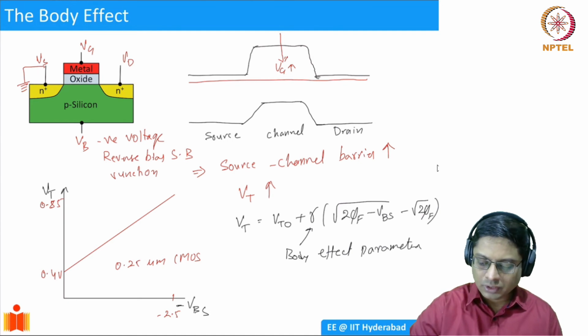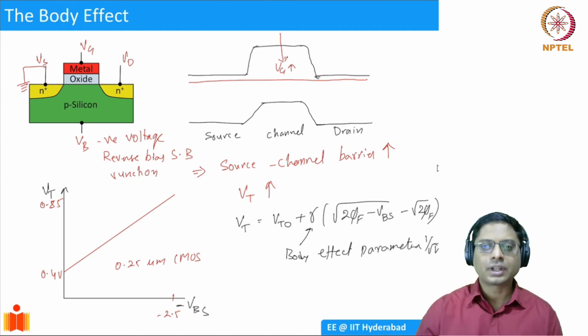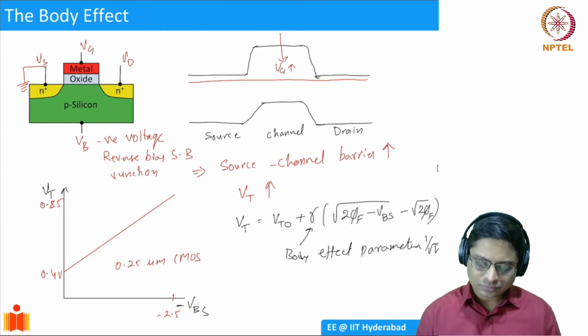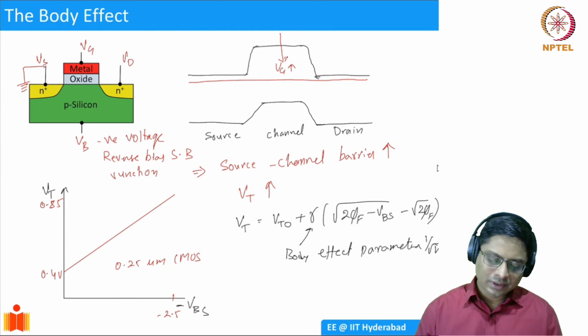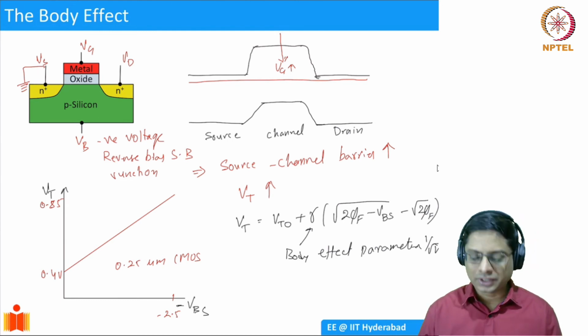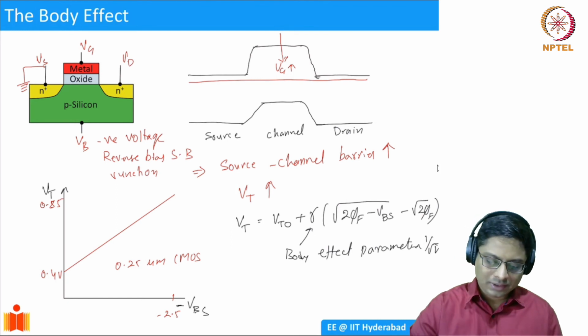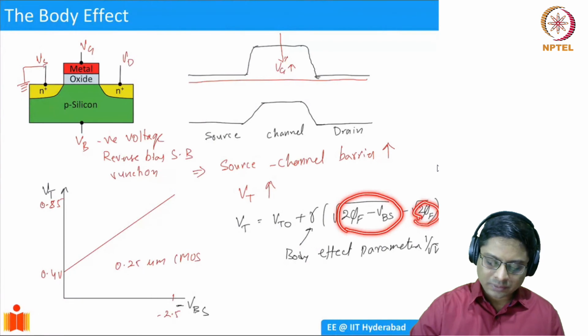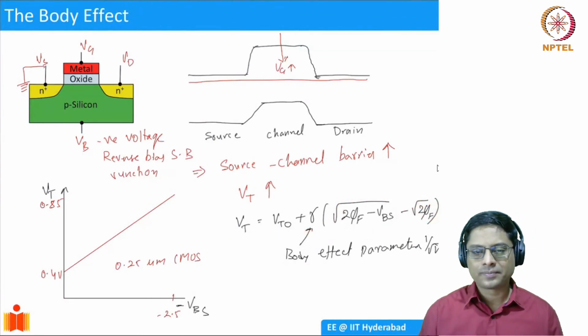It has units of 1 over root V. Okay, that will be given to you by the technology company. So what it tells you is that you have the surface potential, which we know, right, at threshold, which is 2φF. If you apply negative voltage, well, this first term is going to be larger than the second term. So that's why the threshold voltage increases. Okay. So this is a simple way of trying to capture that.